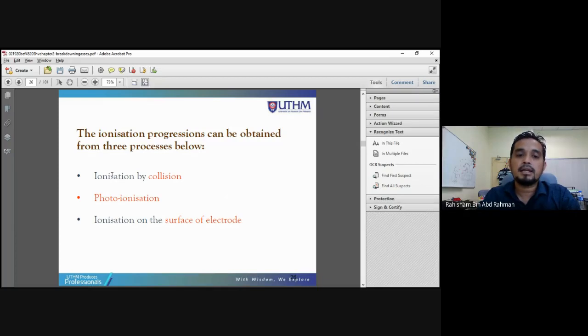It can progress by collisions, photoionization, and the surface of the electrode. It starts small, with just an electron escaping from the molecule, or a collision by another electron on another molecule, so it gains enough energy to escape from the nucleus.